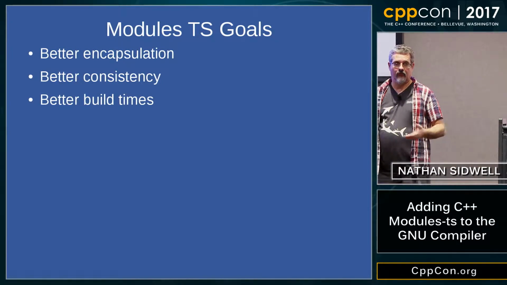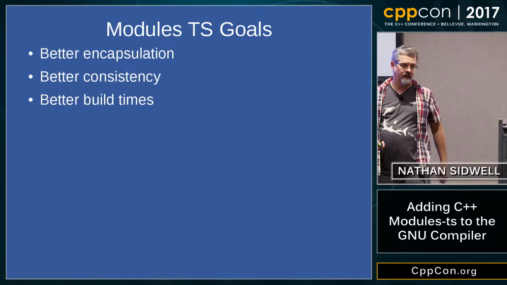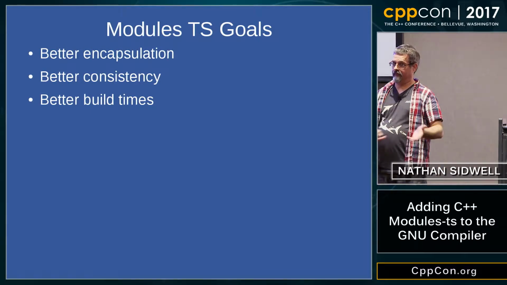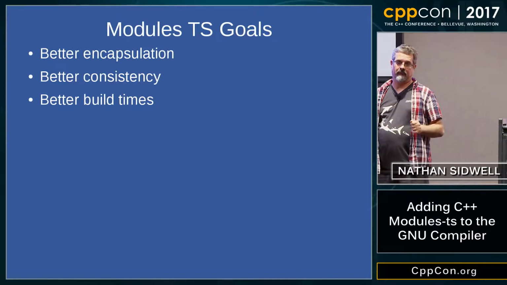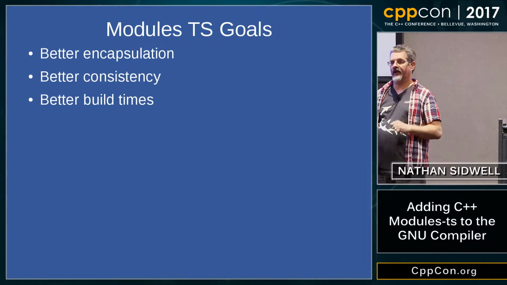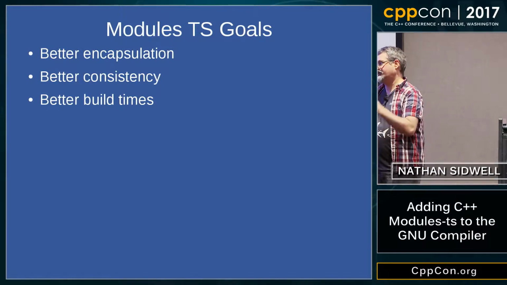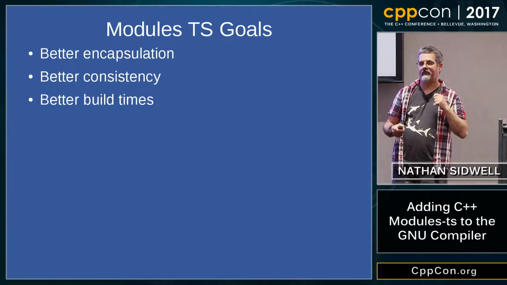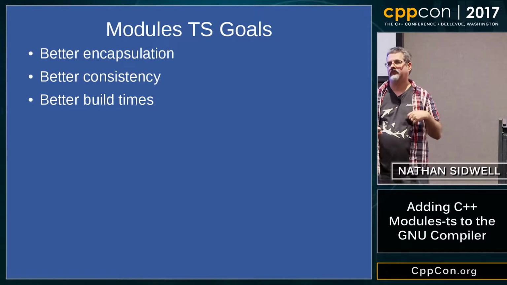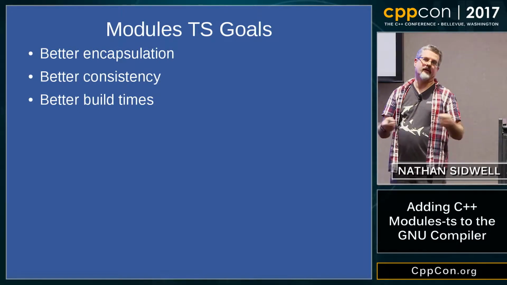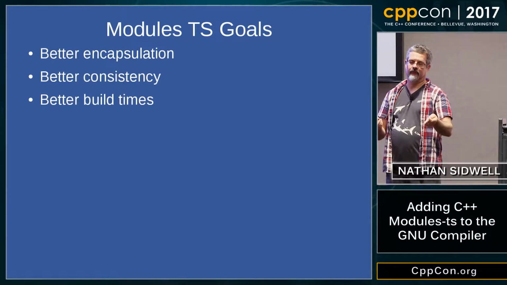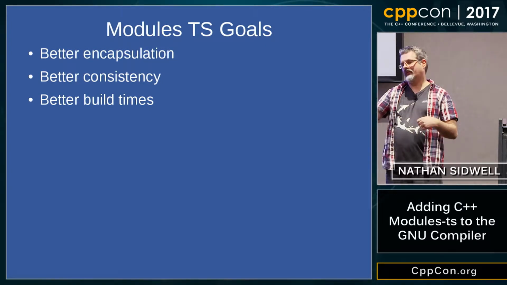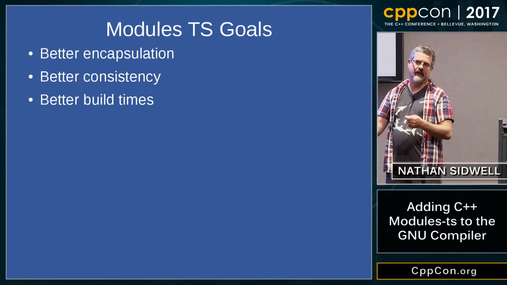And all that header parsing and template parsing in the header files takes a lot of time. C++ is not an LALR(1) grammar. That's a compiler term meaning I can just look at the next token and figure out what I need to do. C++ requires unbounded backtracking because some of the paths are complicated and you don't know until you get to the end of an expression and just go, oh, hang on, this isn't a declaration.